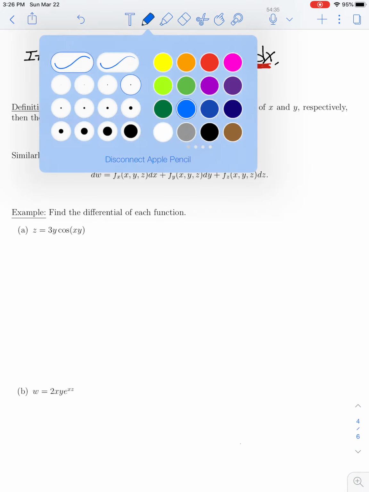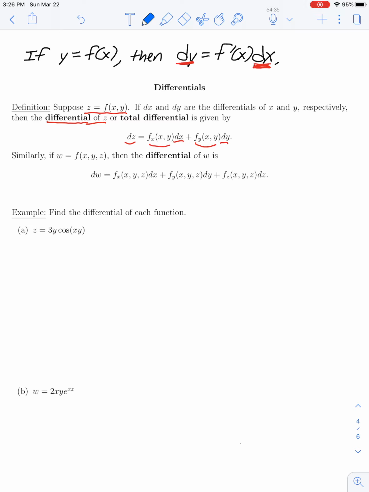And similarly, if we were looking at a function of 3 variables, say w equals f of x, y, z, then we could define the differential, or sometimes called a total differential, of w as dw is equal to, again, the sum of our partial derivatives of f with respect to x, y, and z, each multiplied by the respective differentials dx, dy, or dz.